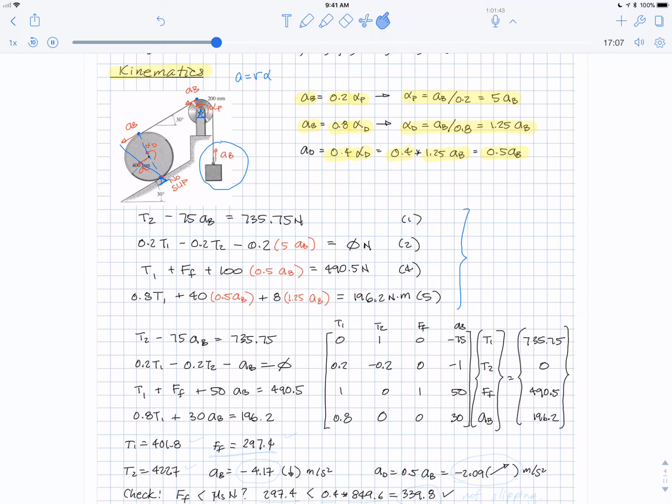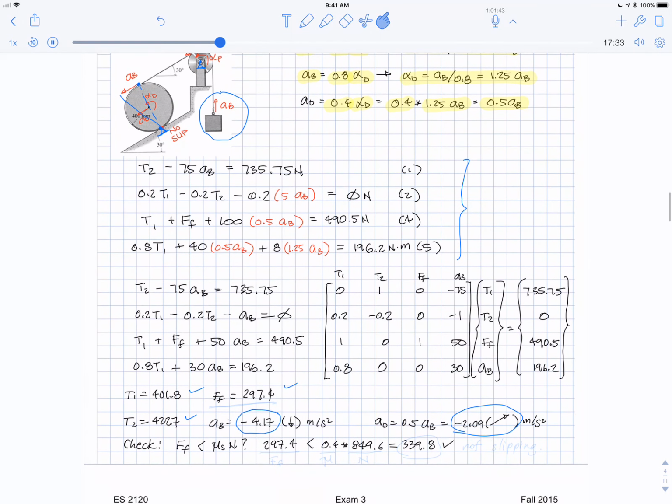I have a thing on my calculator where I could put those four equations in and solve, and I found that the acceleration of the block was 4.17 meters per second squared. I got a negative, which means the block is going down. The acceleration of the disc is half of that, so 2.09, again negative, meaning going up.